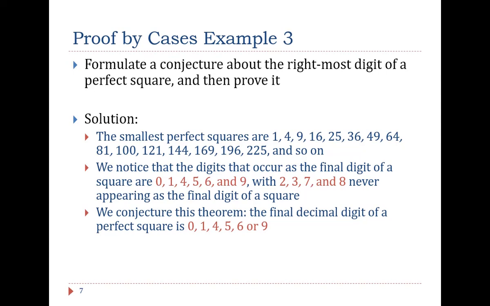And since the rightmost digit of the square of this number only depends on the square of the first digit in it, and the first digit is only one of those 10 possible cases, then it is sufficient to check exhaustively those 10 possible cases. And how to check them? Well, you draw out all the perfect squares of them.